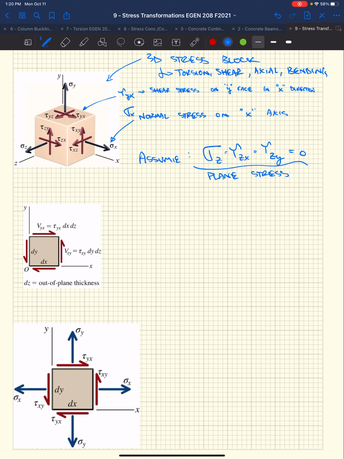Simplifies things quite a bit. So we essentially have nothing going on in this outside face of this block: no sigma z, tau zx, or tau zy. So nothing going on in the z faces. Plane stress.